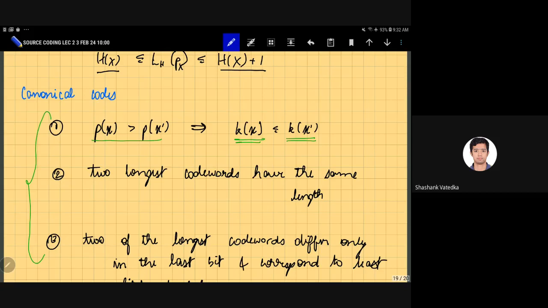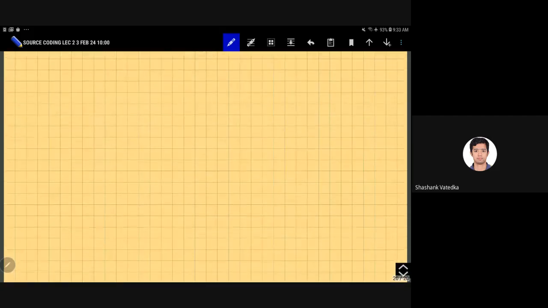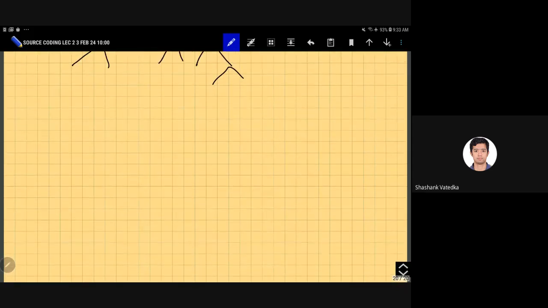Now if I interchange the code words, so if I have an x and an x prime, such that p of x is greater than p of x prime, and k of x is strictly greater than k of x prime.